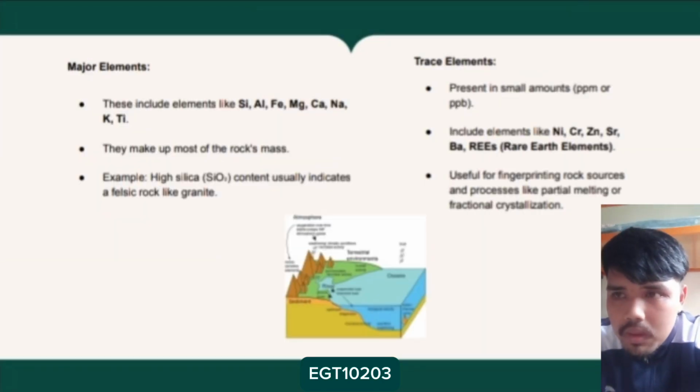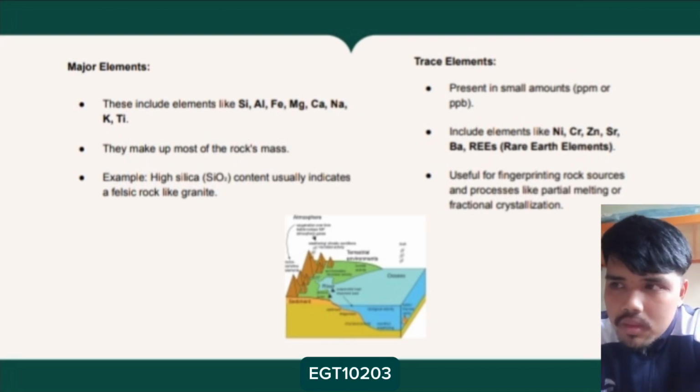The major elements include elements like silica, aluminium, ferrum, magnesium, calcium, and natrium. They make up most of the rock's mass. For example, high silica content usually indicates a felsic rock like granite.